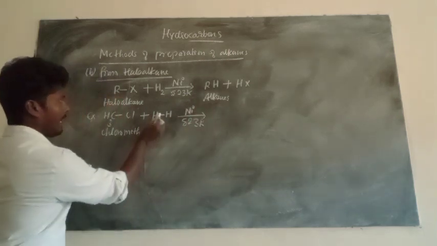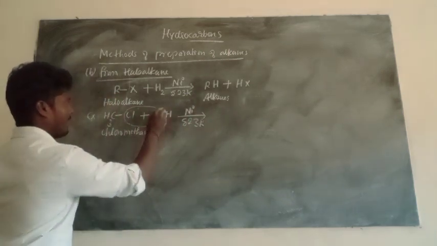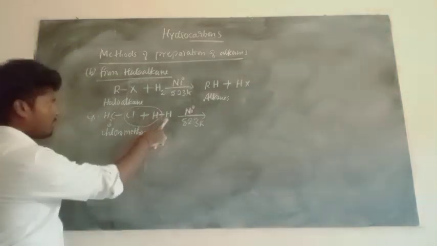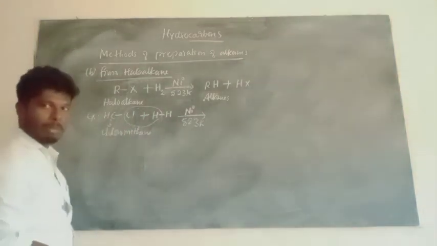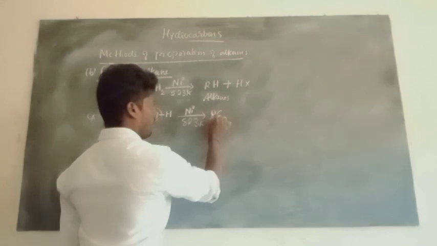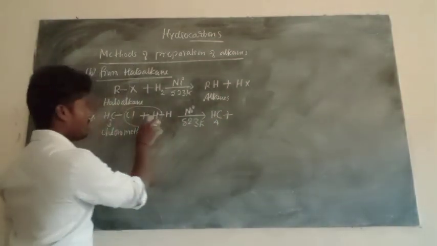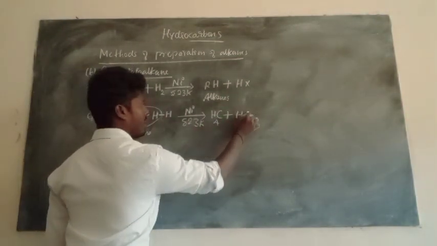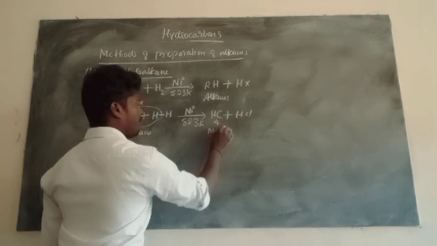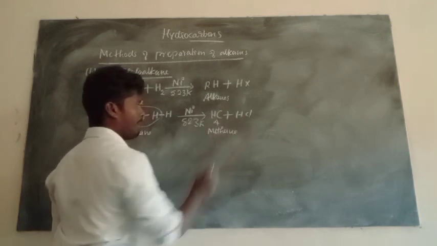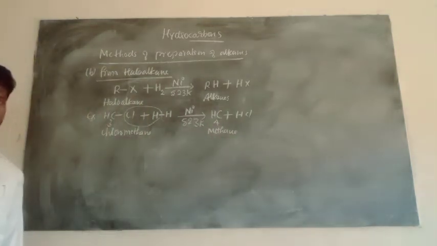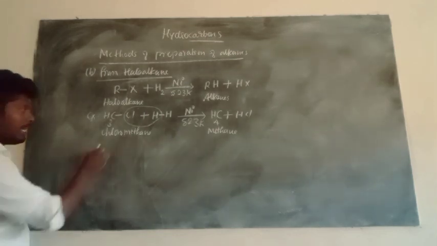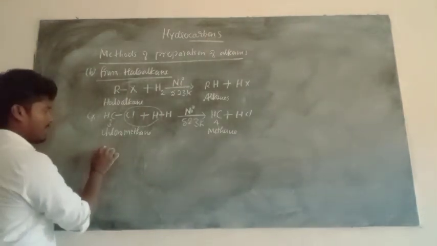Observe, one H and Cl become HCl. Then the other hydrogen is added to the methyl group. Now CH3 becomes CH4, plus H and Cl becomes HCl. Its name is methane, and HCl is hydrochloric acid.